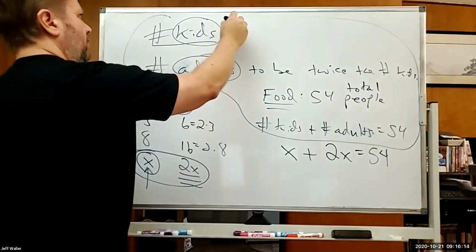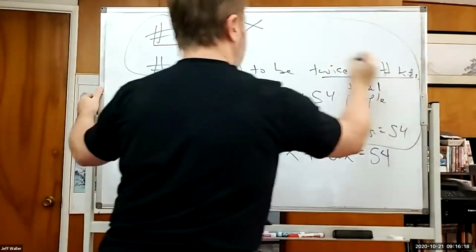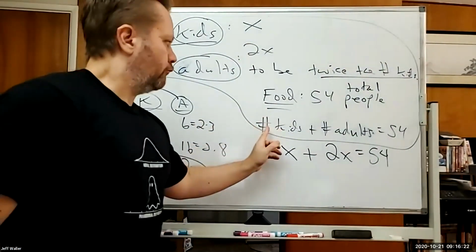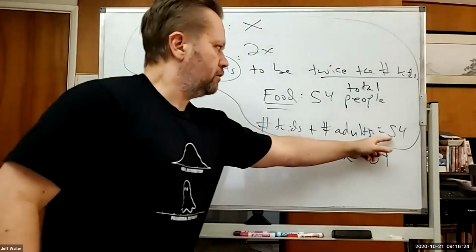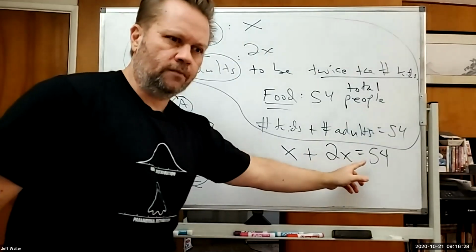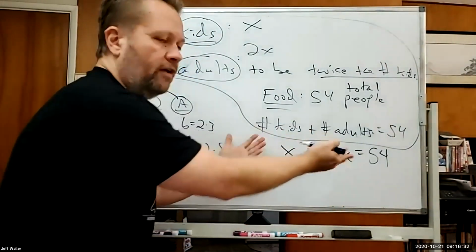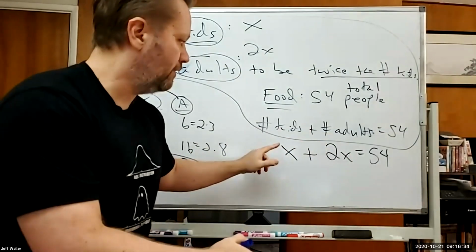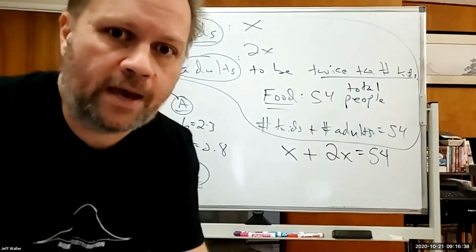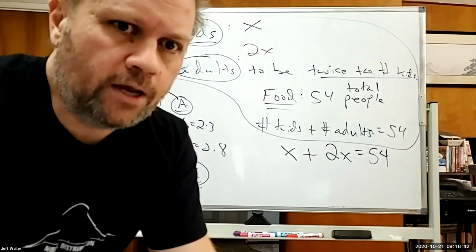So I had to give them math names, X and 2X. And then if I have a relationship in English, I can use these names to rewrite it in Mathish. And now I can solve it. So that's a math sentence, and I know the steps to solve a math sentence.